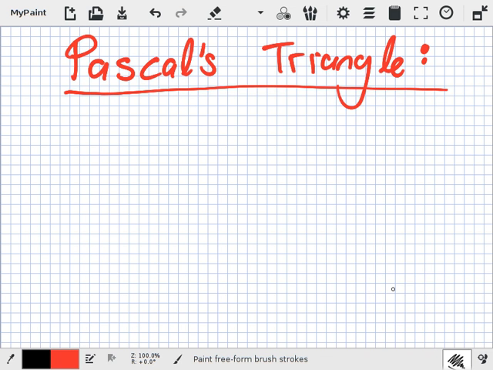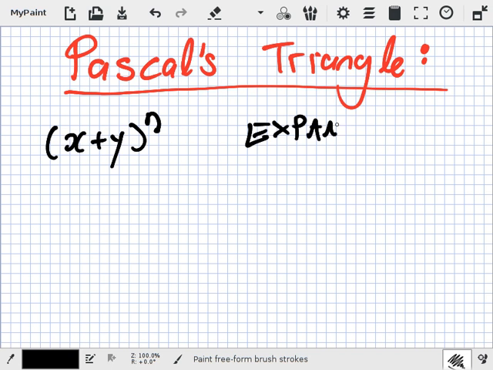Pascal's triangle comes up with problems like this, where we want to calculate something like x plus y to the power n, and we want to expand it. So just to help us out, let's have a look at what's happening here. If you wanted to do power 0, that's no problem, because that's always 1.